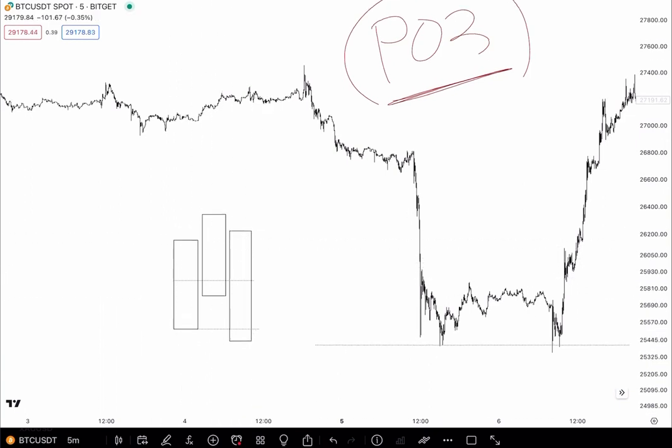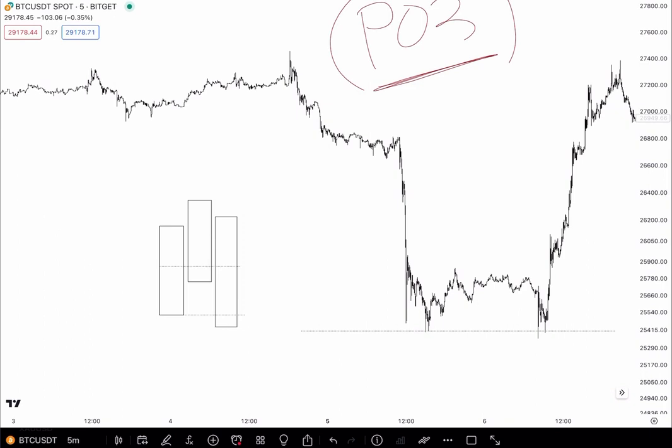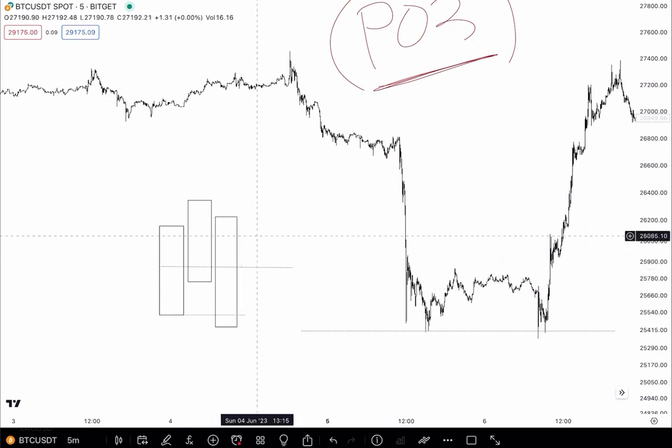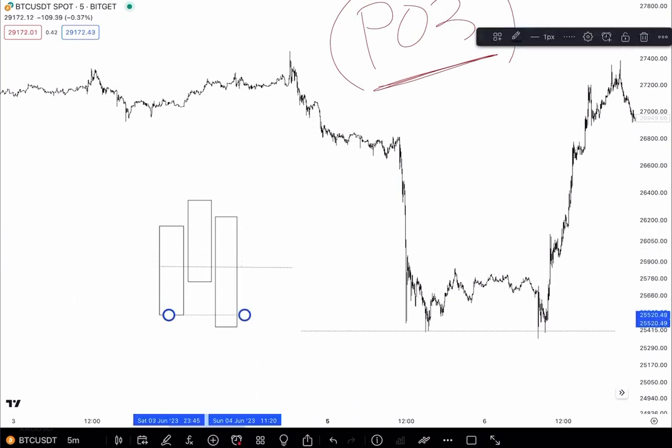Taking 3 candles first to the 50%. And this will give you a ton of trades, by the way, or to the opposing end of the candle.